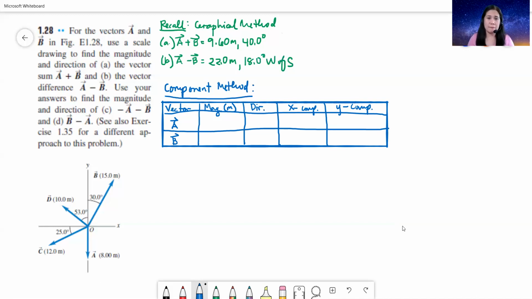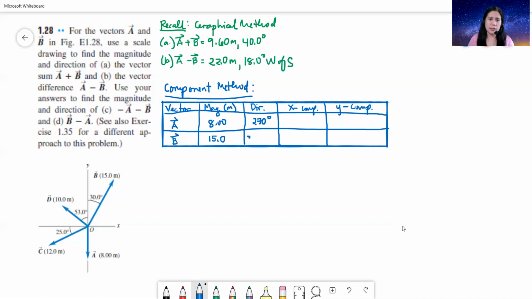Okay, now let's go to vector A. Let's fill this in. The magnitude of vector A as shown in the figure is 8. Okay, pwede namang hindi muna natin i-follow yung significant figures dito sa table, sa final answer na lang. Pwede rin namang i-follow natin, okay? So the direction, if i-standard position angle natin, that's negative y or 270 degrees or south. And then B is 15 meters.